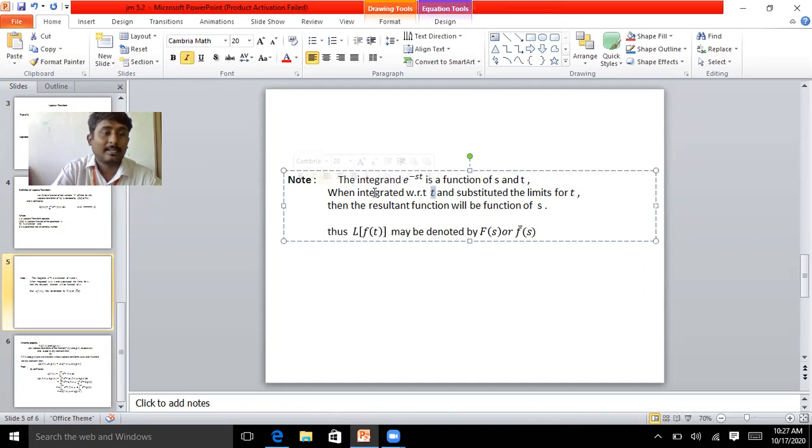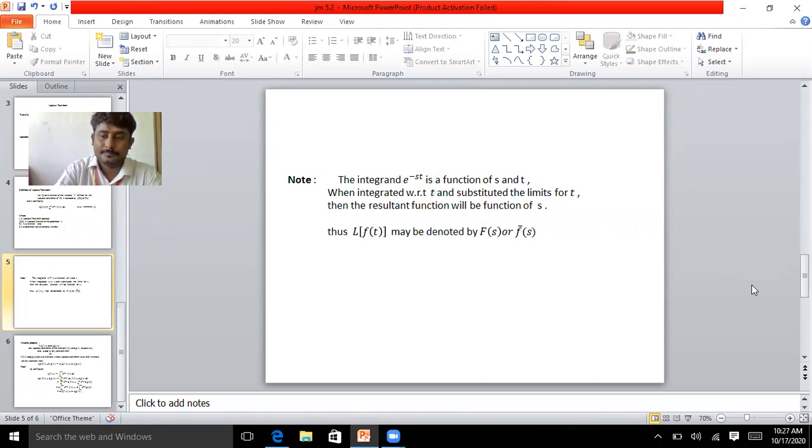When we integrate the function with respect to t and substitute the limits of t, that is 0 to infinity, the resultant function will be a function of s only. That's why we write it as L{f(t)}, or we denote it as F(s) or F bar of s.